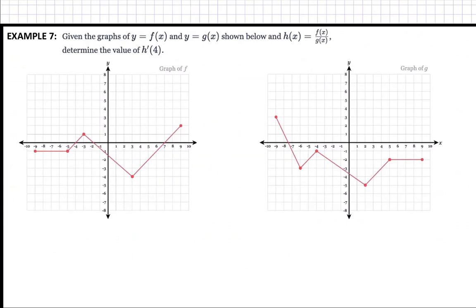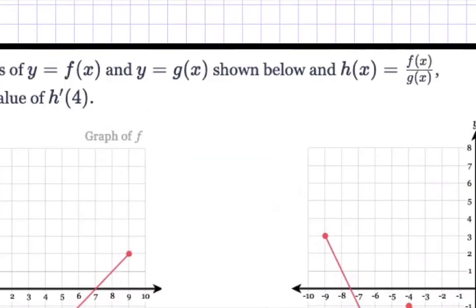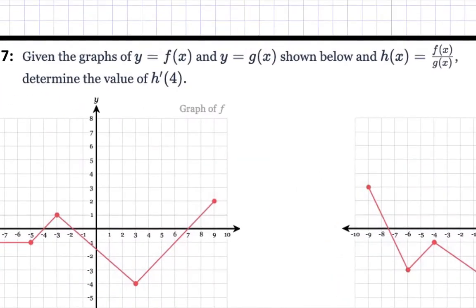I don't want the answer, just the first step. It doesn't involve the graphs, I'll tell you that. It's kind of the first step we've been doing. What's the first step?